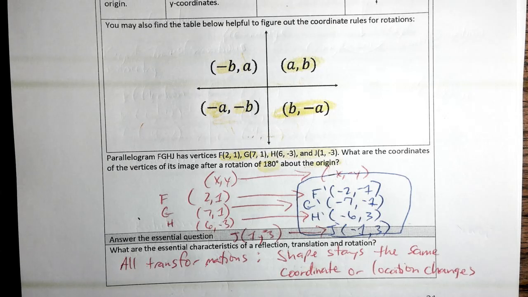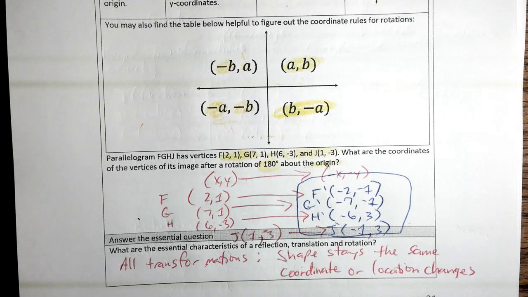If you're dealing with a triangle as the pre-image, then the image is going to be a triangle. Same thing for a parallelogram, circle, whatever. The shape stays the same. The coordinate, or the location, is what changes.